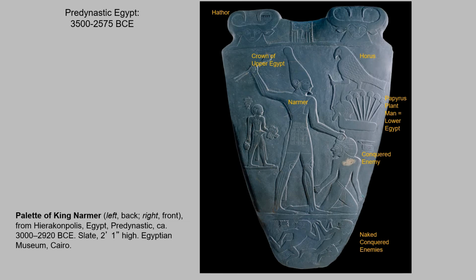So, with these images of the gods, this should be familiar to you because what is happening is that the presence of Horus, the presence of Hathor, are justifying Narmer's victory. It is one thing for a king to rule over somebody else or to conquer them in battle because they want to, but it is another thing if the gods have either demanded it or approved of it.